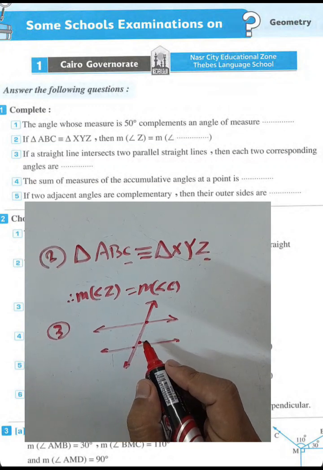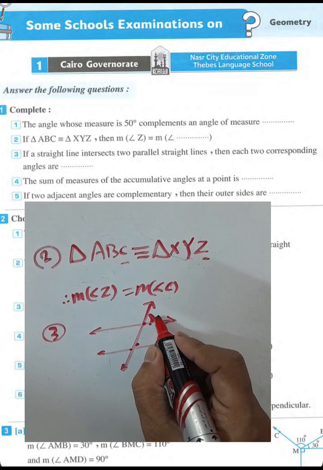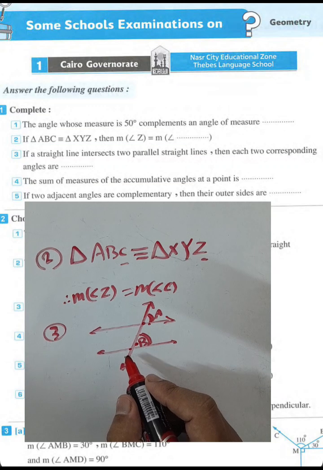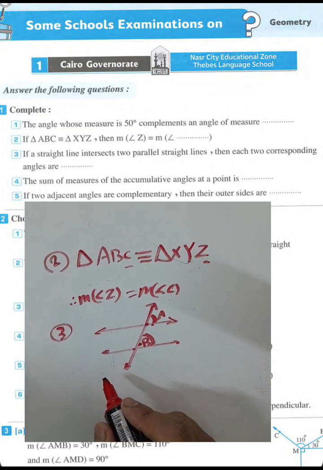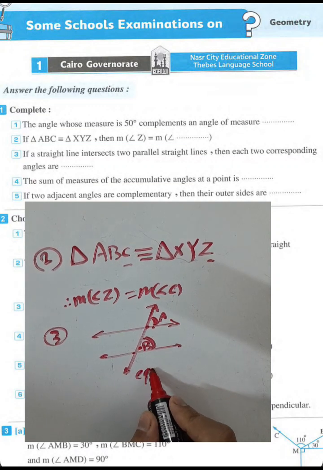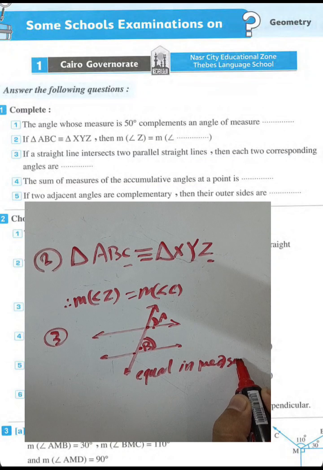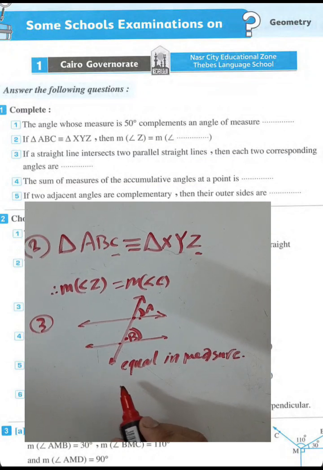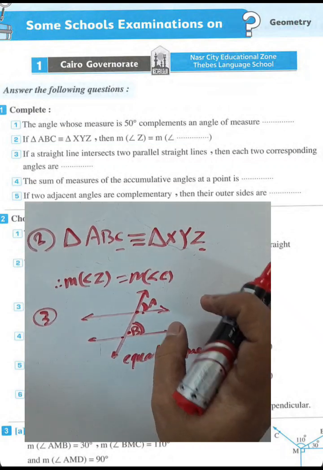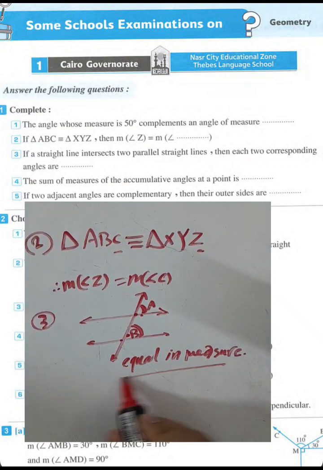He asked about two corresponding angles being equal in measure. Corresponding angles, such that the measure of angle B and the measure of angle B will be equal. Then we must write for question number three: equal in measure. Again, if a straight line intersects two parallel straight lines, then each two corresponding angles are equal in measure.